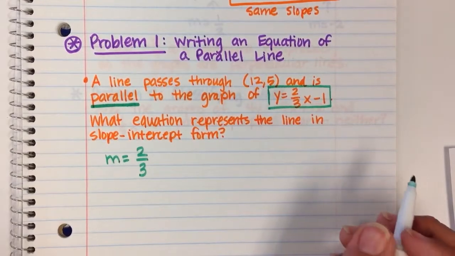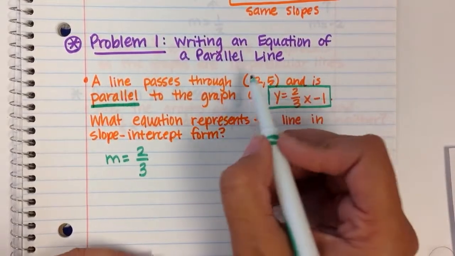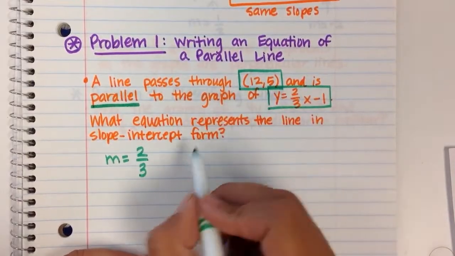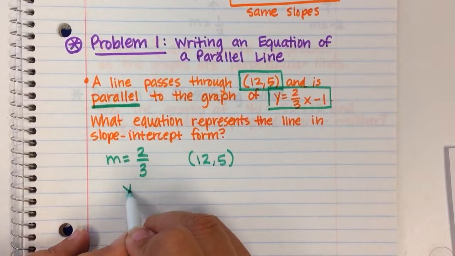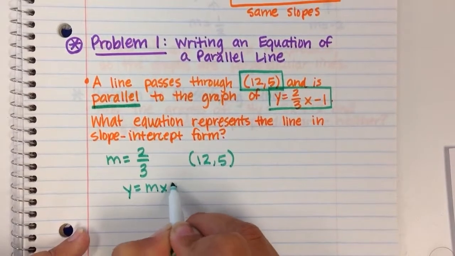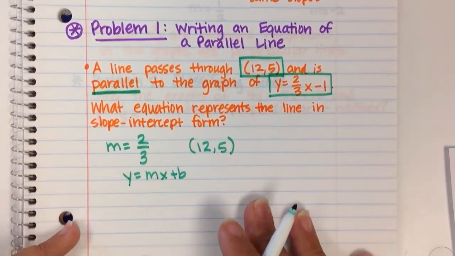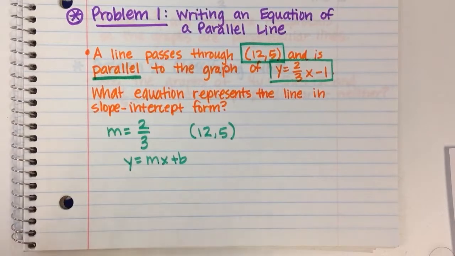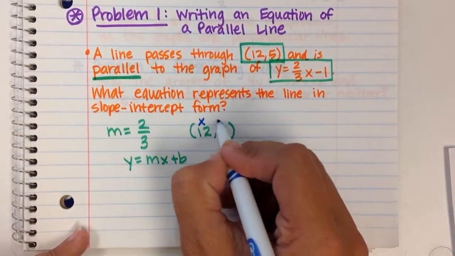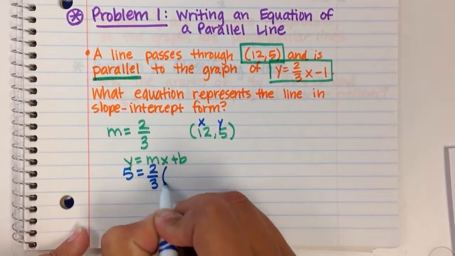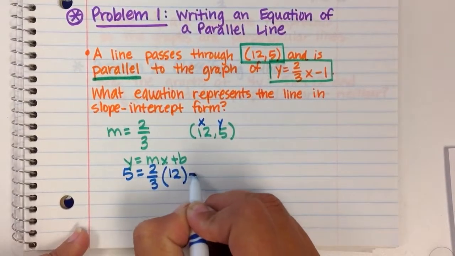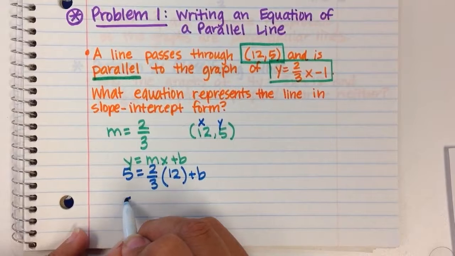Well, I don't know the y-intercept of my new line, but I do know the slope and I know a point. So we're going to use this point and plug that in. Y is equal to mx plus b and solve for b to find the y-intercept. Alright, so this is x, this is y. So 5 is equal to 2/3 times 12 plus b.